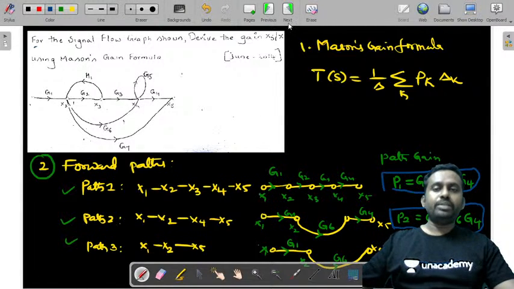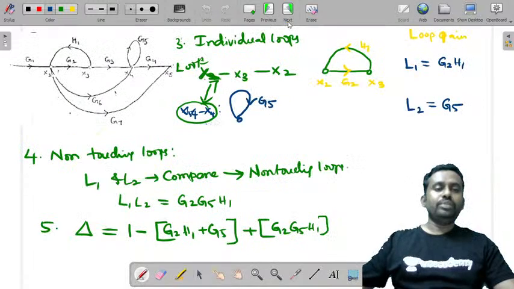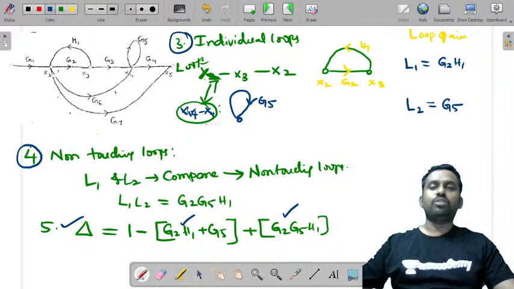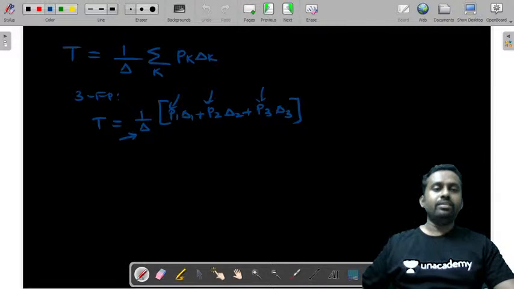Yes, we know P1, P2, P3. Do we know delta? Yes, we know delta. Delta consists of loop gains as well as non-touching loop gains. That's the reason we are finding non-touching loops, individual loops and loop gains. So when we know delta and P1, P2, P3, we are in need of finding delta 1, delta 2 and delta 3.